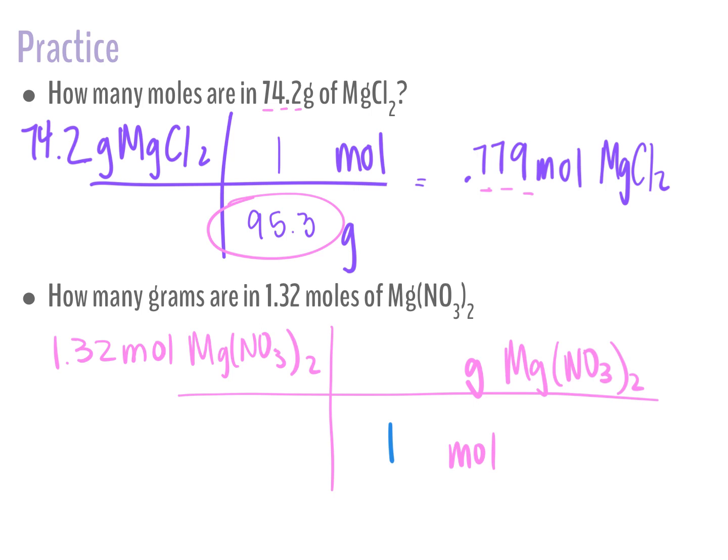And our molar mass, let's see here. How many oxygens do we have? 6, good.